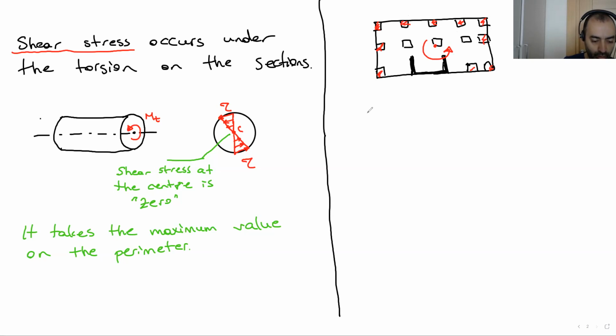After an earthquake, if you go to damage assessment, if you see this type of damage from outside the building, all the columns on the perimeter get some damage, that means there's a torsional problem on this building. So what we know, we always get the maximum shear stress on the perimeter. Okay, on the perimeter, as you can see, on the circular section, left hand side.